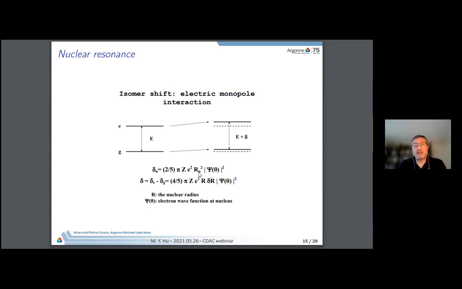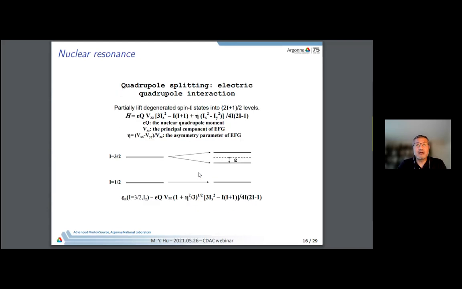The isomer shift itself is relative, because this is a shift of both levels. We don't really know just looking at it by itself, so you have to compare with something else to measure this shift relative to others. Then there is also quadrupole splitting, because the nucleus has spin and this quadrupole moment.